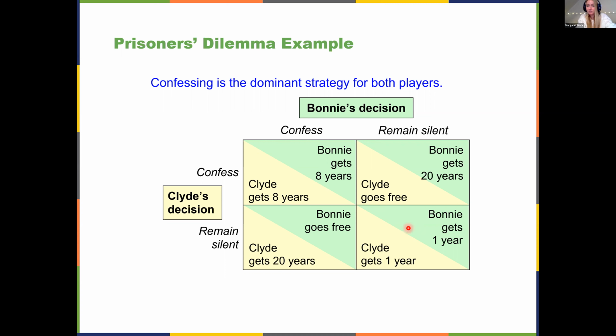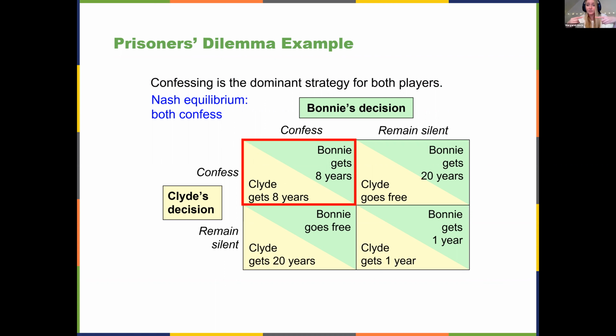And even if they cooperated and both got 1 year, this would have been a better outcome than if they confess, right? But there is that drive for them to be self-interested and not risk going to prison for 20 years. So because confessing is the dominant strategy for both players, they confess on the other one.